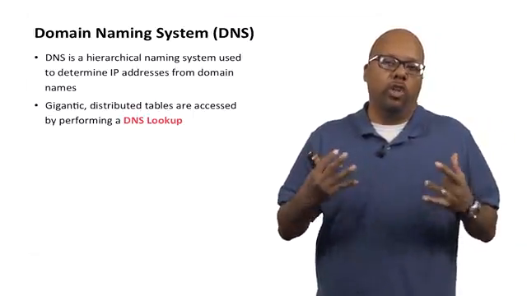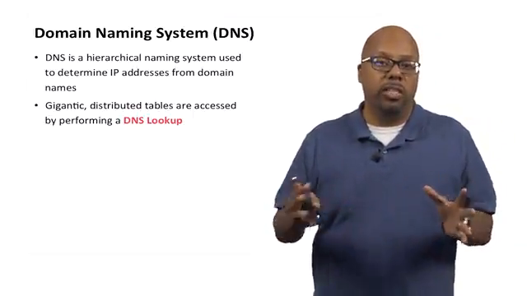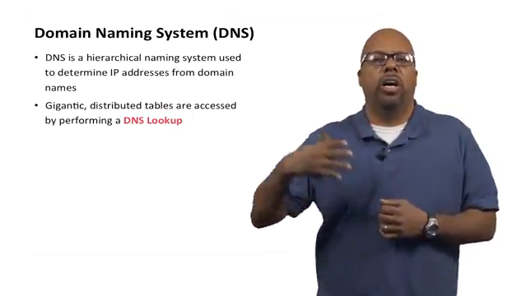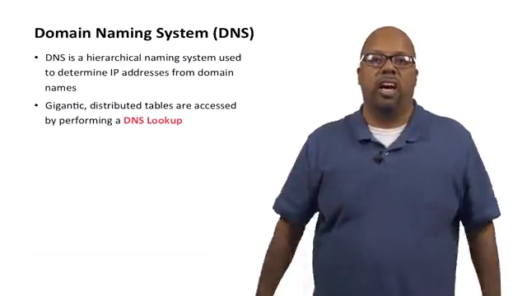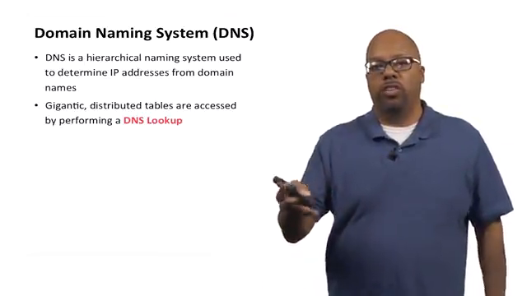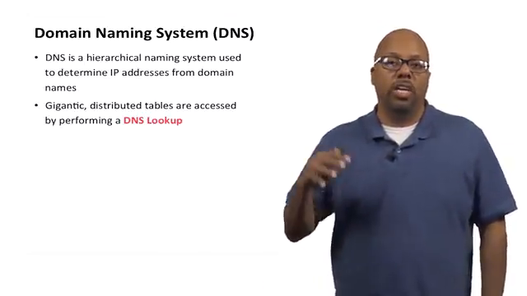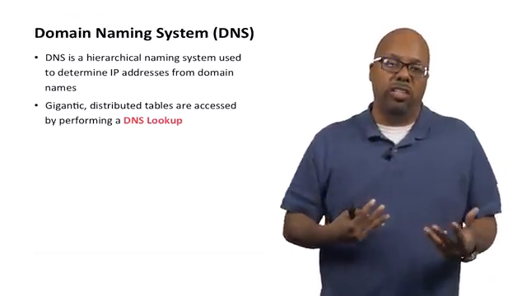When I say you perform, your web browser performs this. Your web browser sends a message to a DNS server and says, look, what is the address of CNN.com? And if this DNS server knows that address, it sends the IP address back to you.